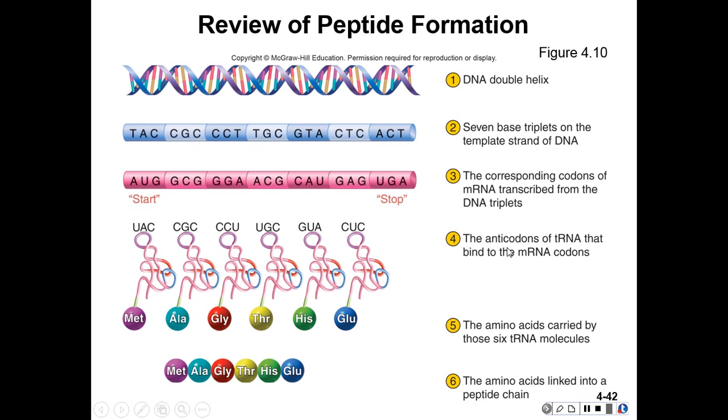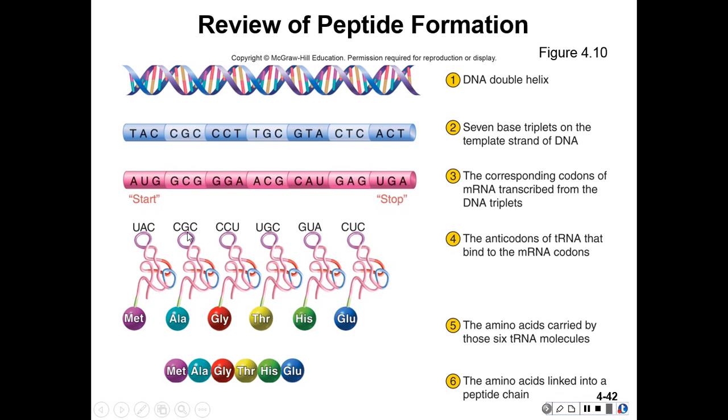So number 4, the anticodons of the tRNA that bind to the mRNA codons. For each codon that we have, we're going to have different amino acids. The UAC, here we go.